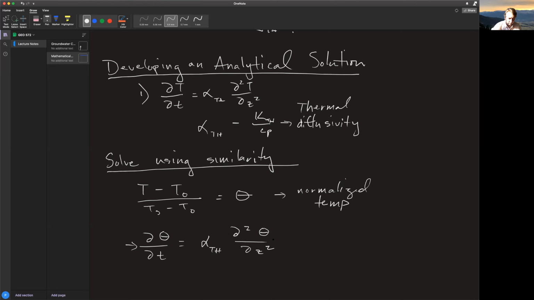Okay, so we'll call this 1. All we've done is just a linear mapping on temperature. So the same equation, we're just changing temperature to vary between 0 and 1 basically, but it's the same equation.